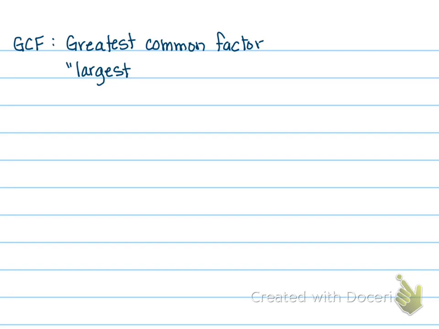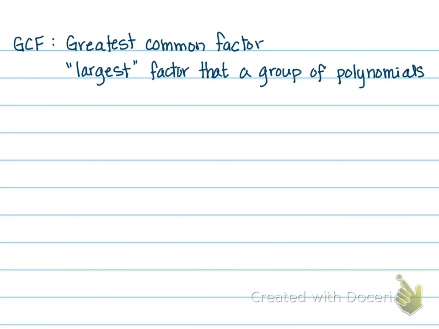So GCF is the greatest common factor, which is the largest factor that a group of polynomials have in common.